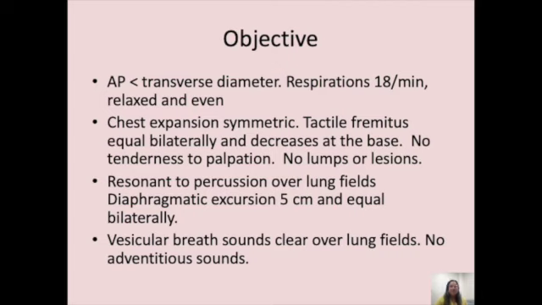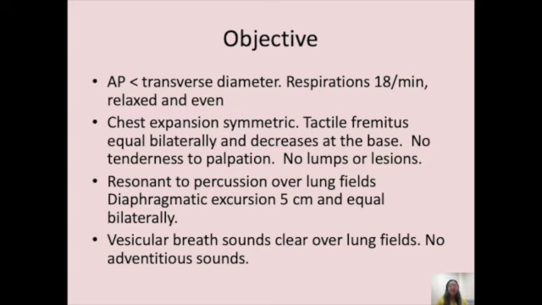So part of your inspection should include these things, and don't forget to talk about skin. It doesn't talk about skin here too much, but you want to note the skin color is appropriate to race and ethnicity. I don't visualize any lumps or lesions or masses. I'm looking at the symmetry and the size and shape of the patient's thoracic cage.